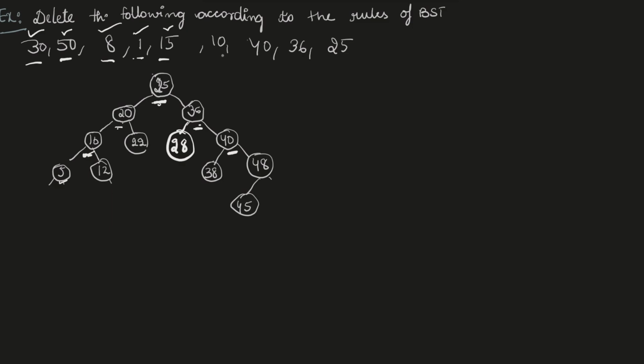Coming to the next element, it's 10. Where do we find it? Left side of 25, left side of 20. We have found it. Now it has two children. So this is the case of in order predecessor or in order successor. But since we are having only one element on the right side, we take only this element from left side or right side. You can choose any one of the following.